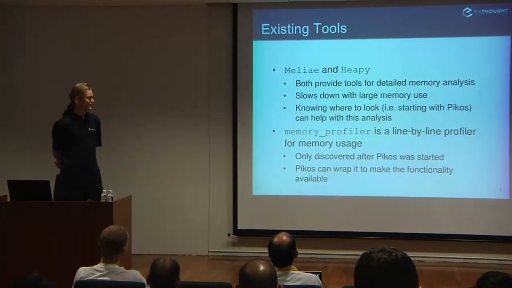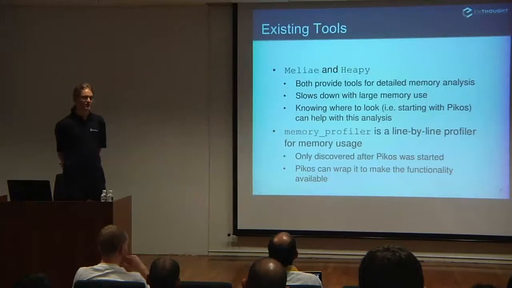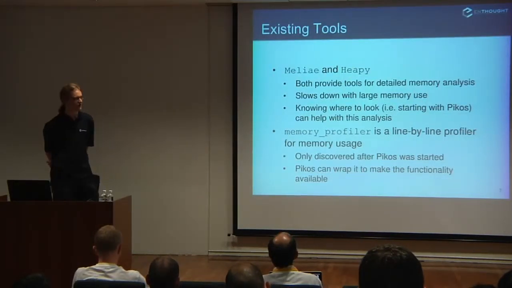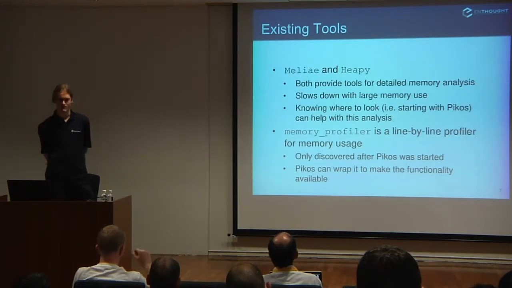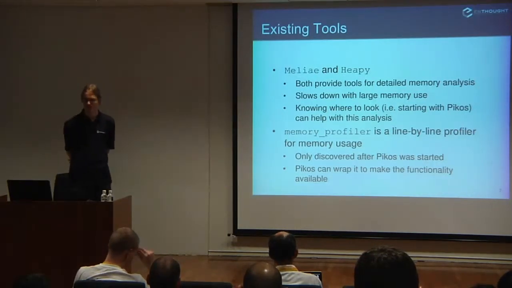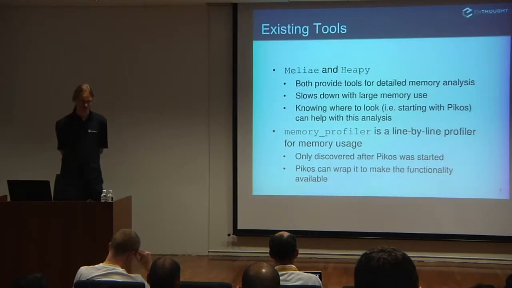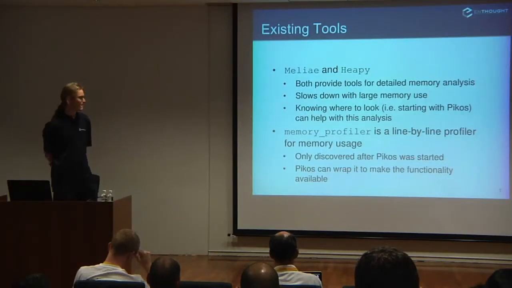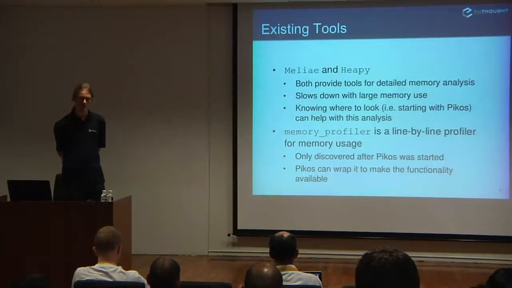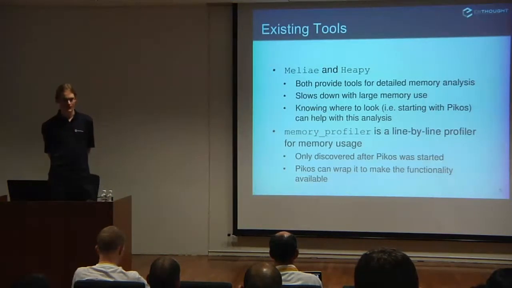But it is very slow when you've got a large amount of memory usage. I tried to run it once on a 7 gigabyte allocated process, and it took a few hours running overnight. It's slightly difficult to use in that situation. So if you can narrow it down a bit before using a detailed analysis tool, I think it's very useful.